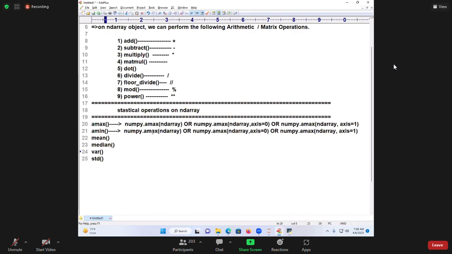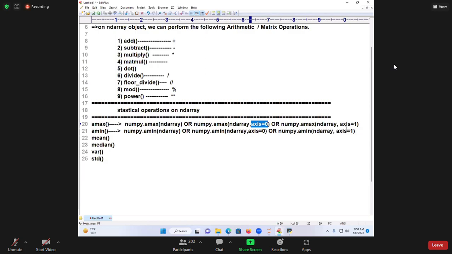Now I am going to apply A min. Here also I will apply A min. Axis is equal to 0 means what?